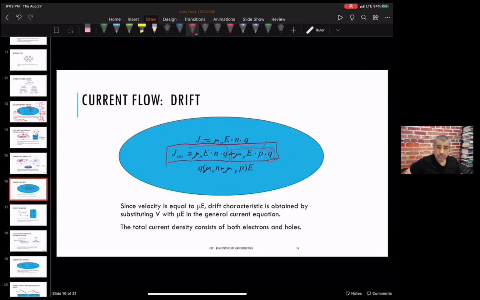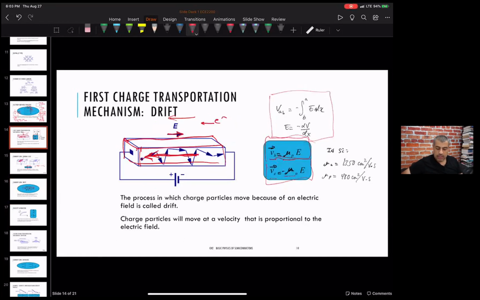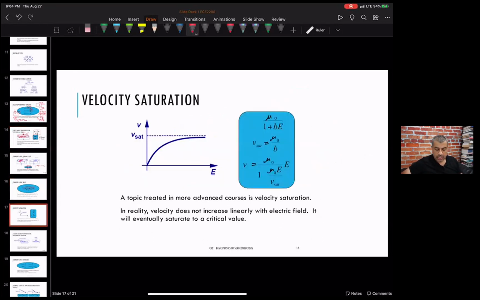Any questions about that? So that's drift current, and it's one of the two types of current in a semiconductor. And this is just some housekeeping stuff. If you look at this equation, it seems to imply that as the electric field goes higher and higher, the velocity of electrons or holes goes higher and higher. But it turns out that the velocity actually saturates.